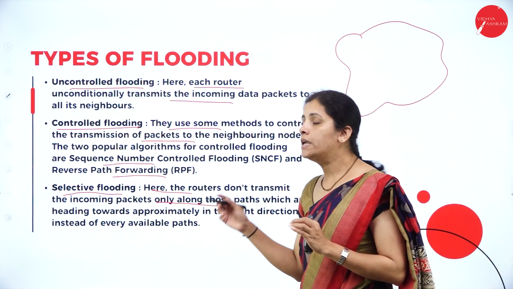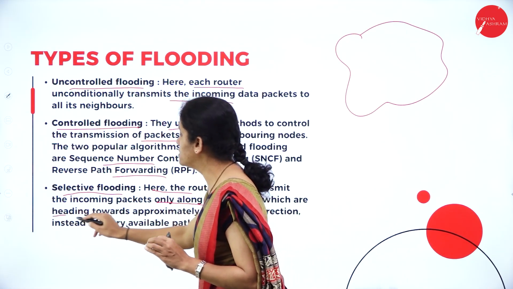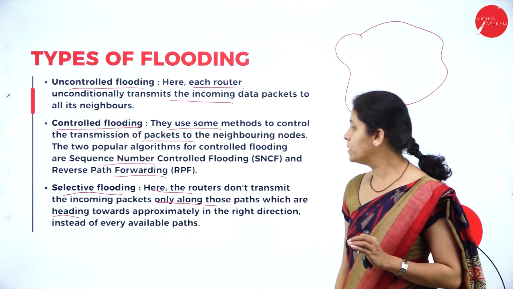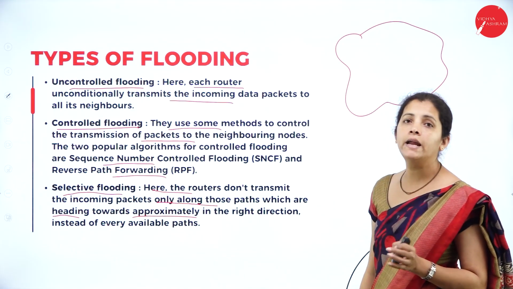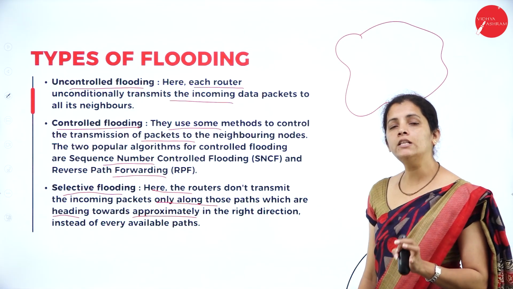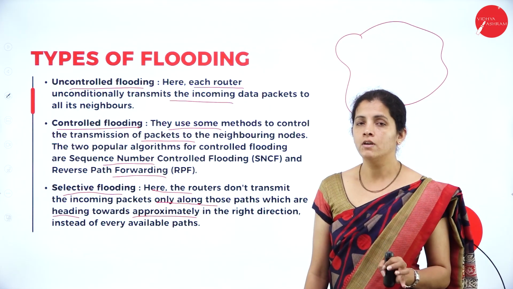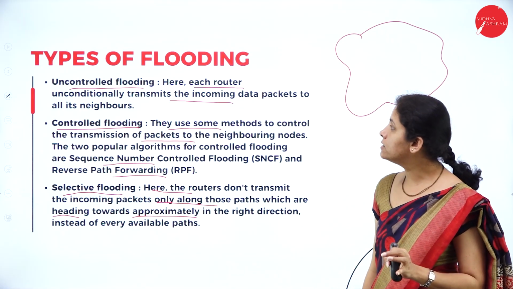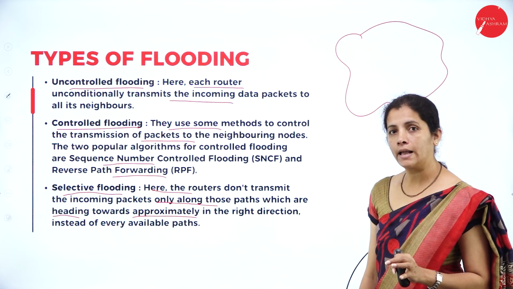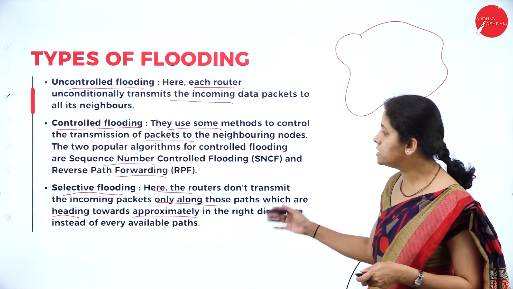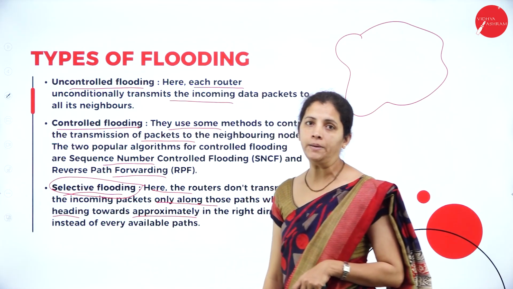So each message has header information heading approximately in the right direction. Based on that, the router transfers the packet from source to destination, and this is called selective flooding.